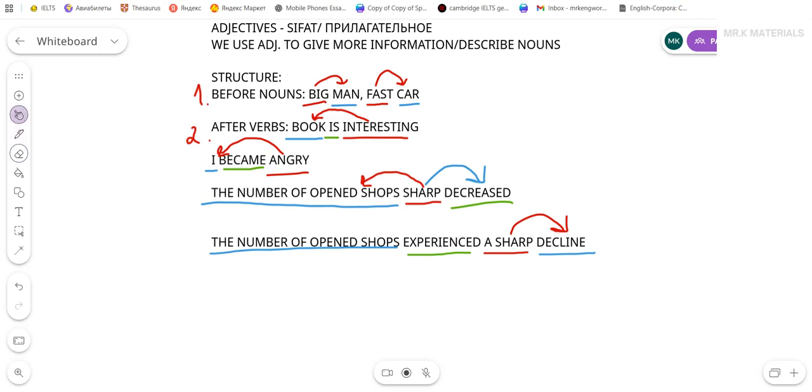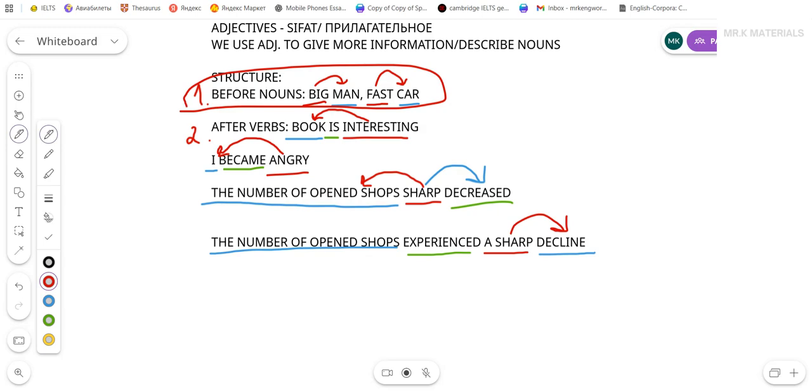I'll give you a quick rule here if you're confused, very confused. If you're not confused, this shouldn't be a problem. If you see this case is more important than this case, right? You may want to pause this video and try to understand what did I say just right now.